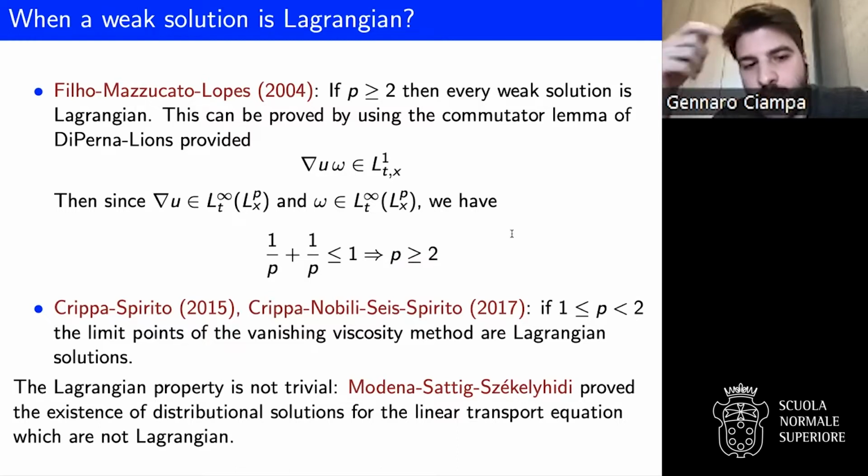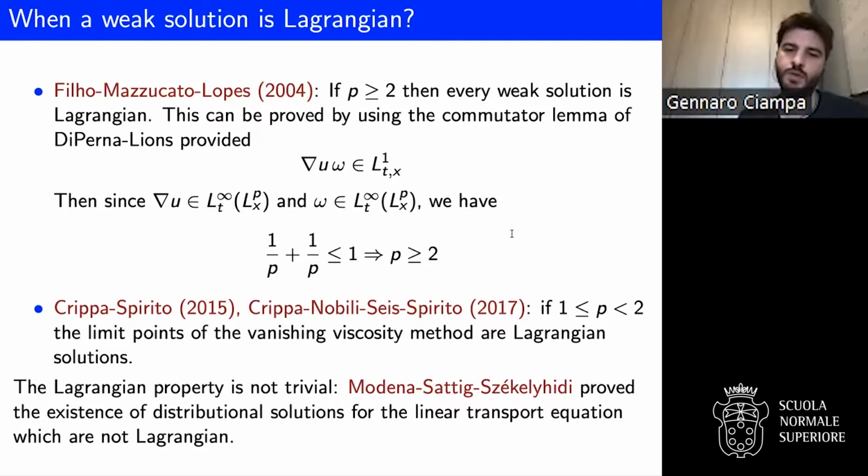It has been proven that limit points of the vanishing viscosity method are Lagrangian solutions. So even though you don't know if the solution in the limit is unique, you know that vanishing viscosity solutions are Lagrangian. And this property is not trivial even at the linear level, as has been proved by Modena, Szekelyhidi, and Sattig in a series of papers.